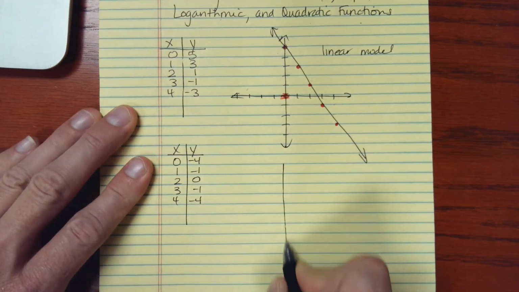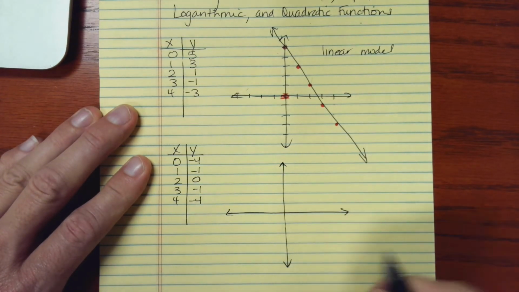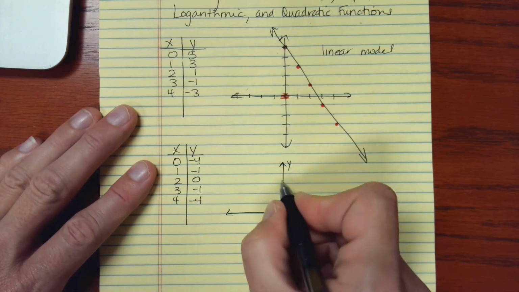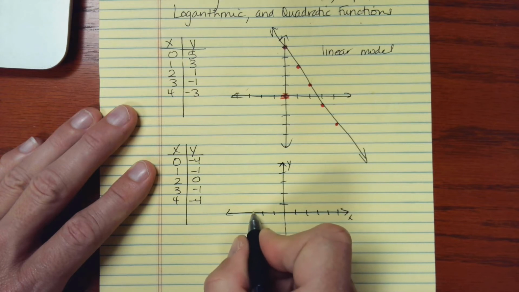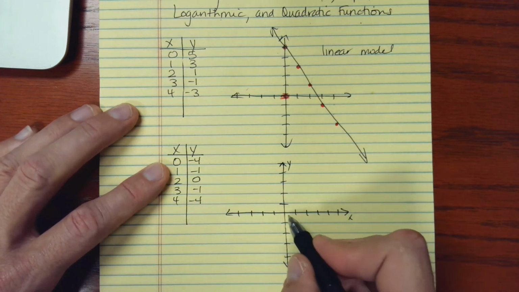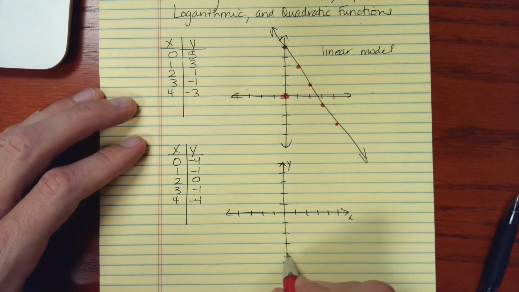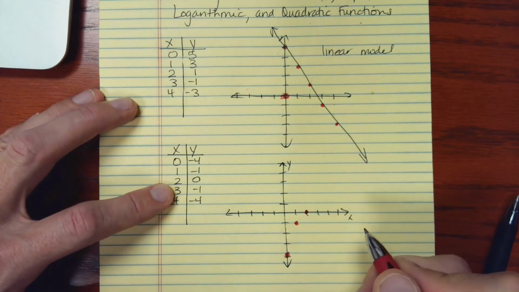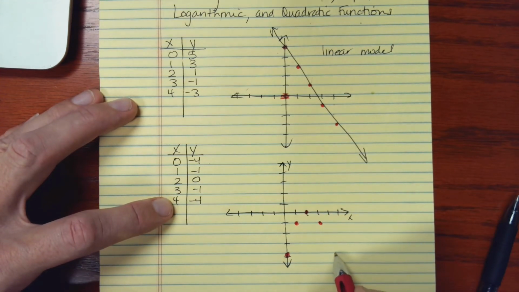And once again, I will sketch a pair of x and y axes and mark off some values. 1, 2, 3, 4, 5, -1, -2, -3, -4, and so forth. And let's add these values. So I have 0, -4, 1, 2, 3, 4. So that is the point right here. 1, -1, and 2, 0. I have 3, -1, and 4, -4.